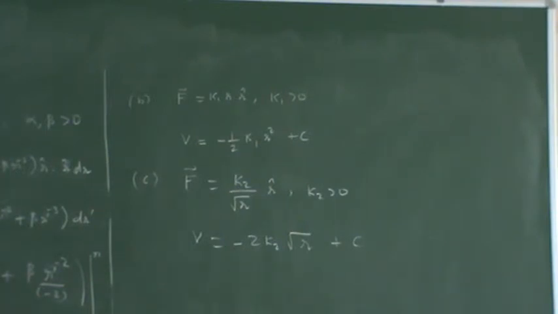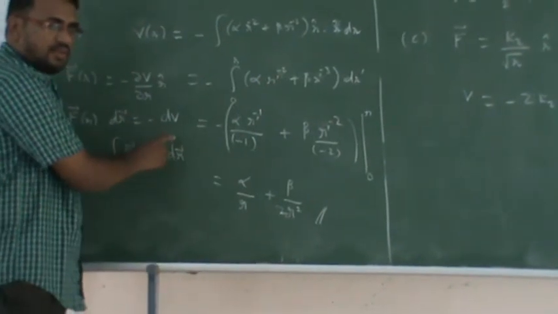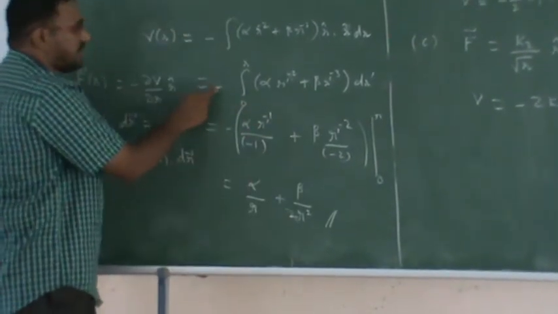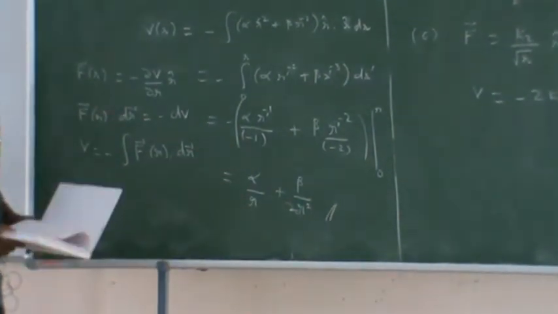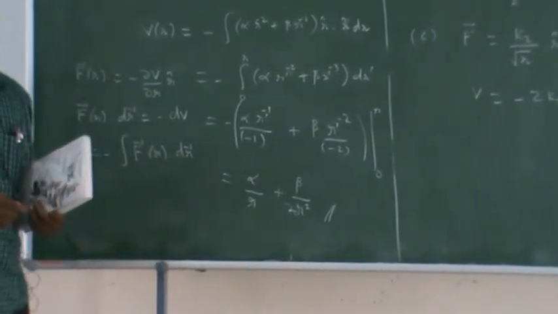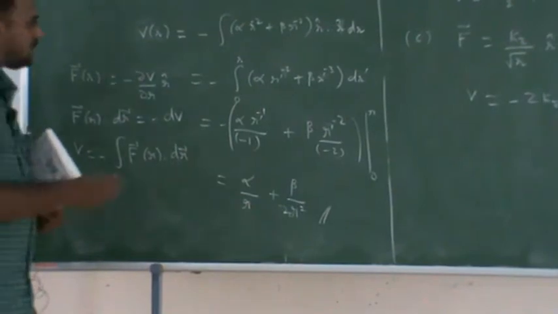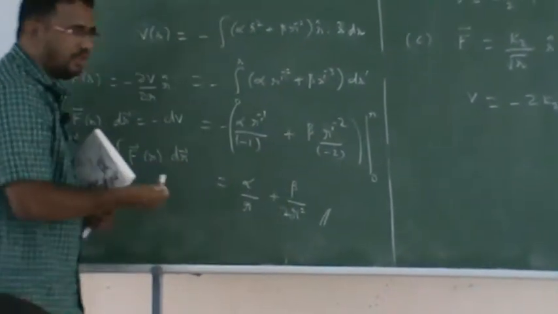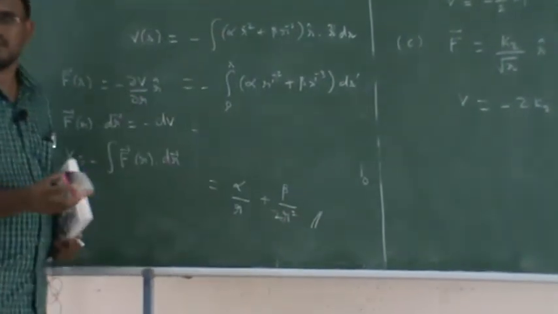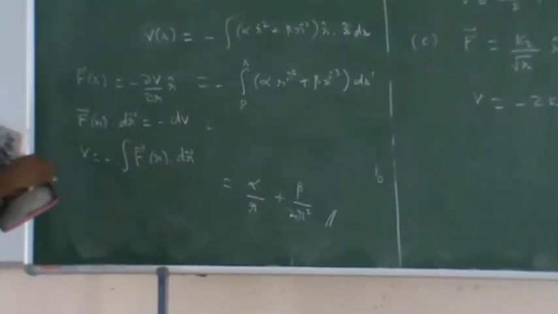The minus sign coming from here will be multiplied with the minus sign coming outside, since F is minus dV by dr. If you take the derivative, this will have a minus sign, so the final answer must have a minus sign.